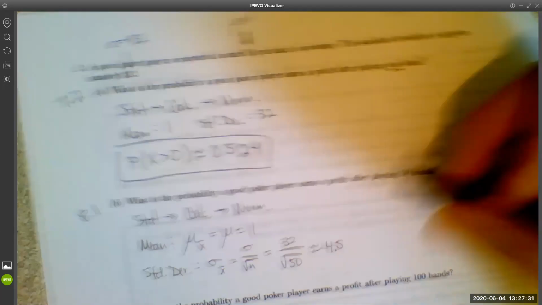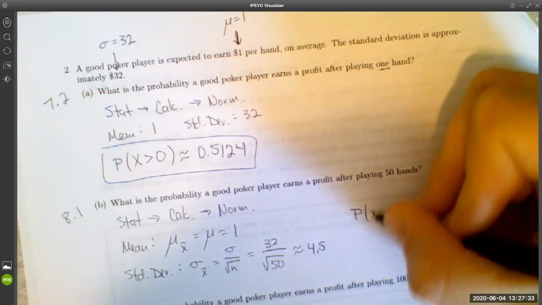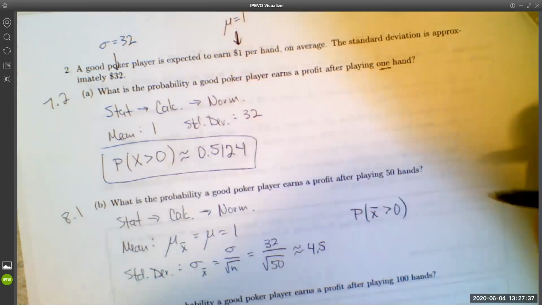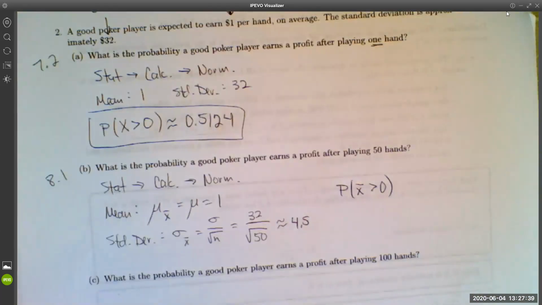And now we're looking for the probability that their average earnings after their 50 hands is more than 0. Let's see what we get. Maybe it would be a good idea to pause and ask yourself, do you think this probability is going to increase or decrease?